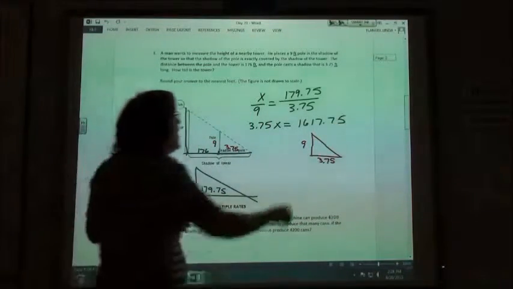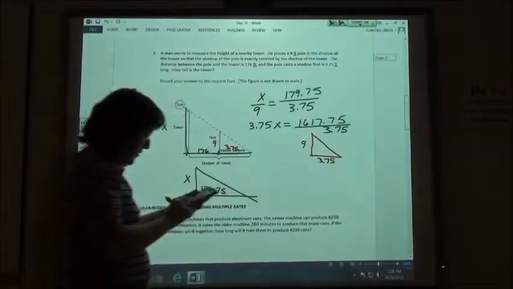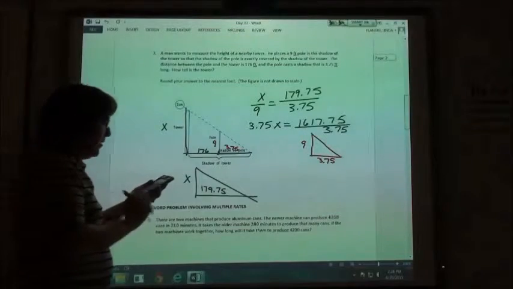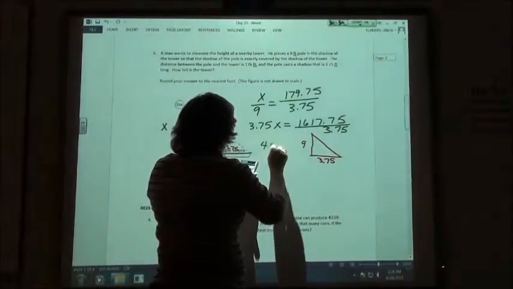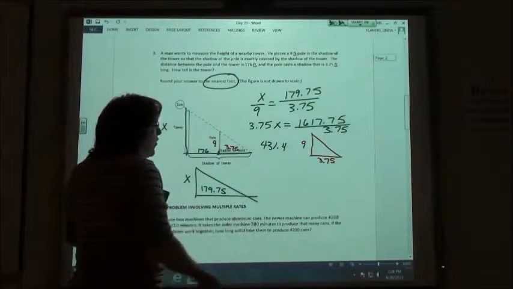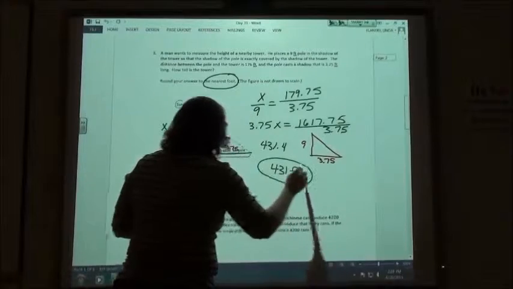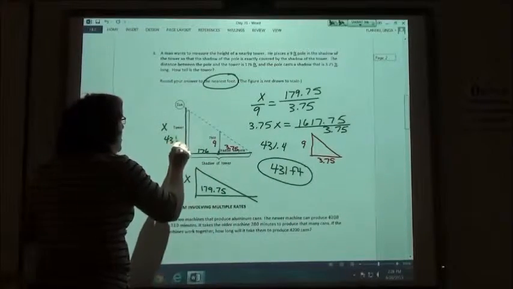Again, in order to solve that, we end up dividing by our 3.75. We get 431.4. We want to round it to the nearest foot, so we're just going to say 431 feet is how tall our tower is.